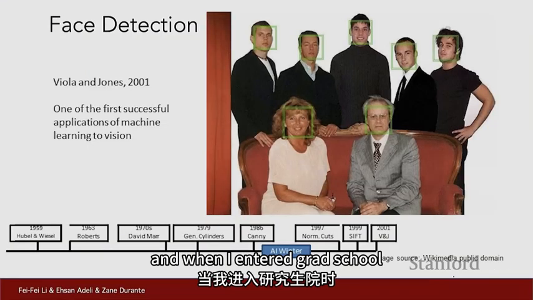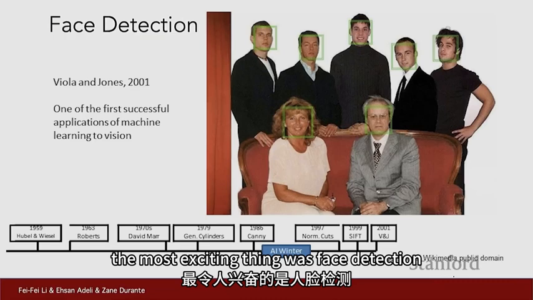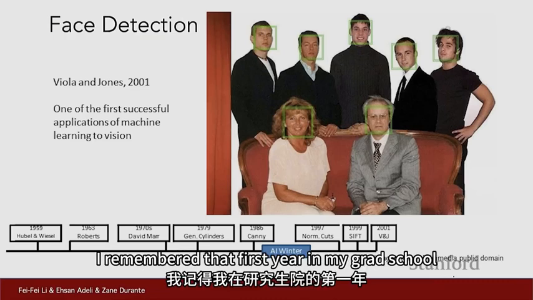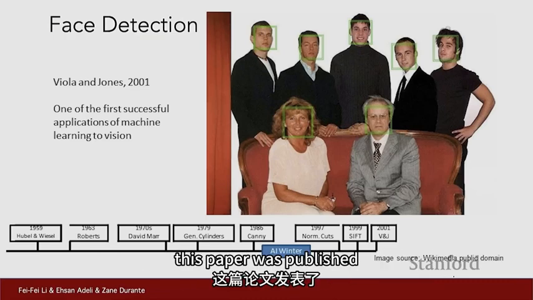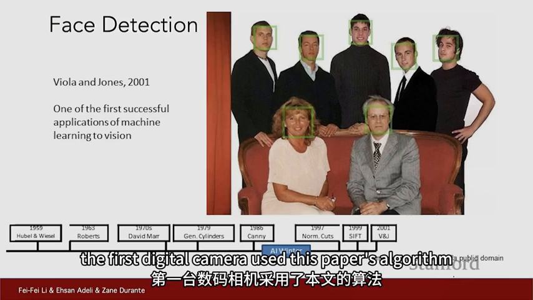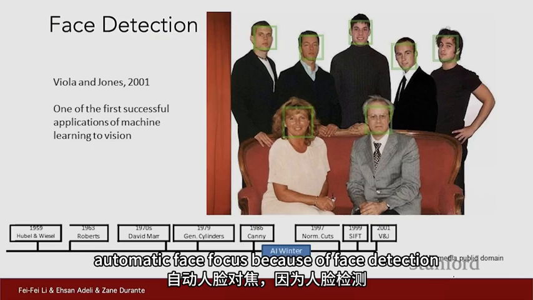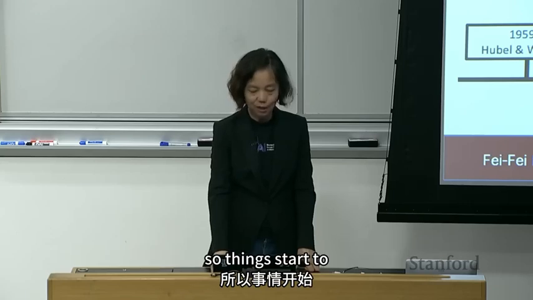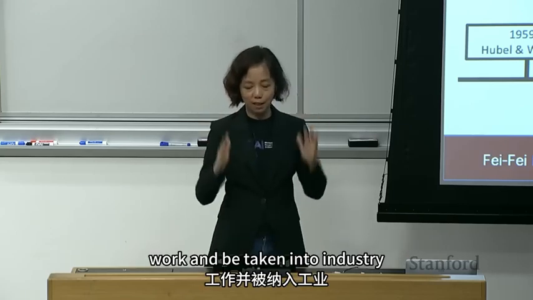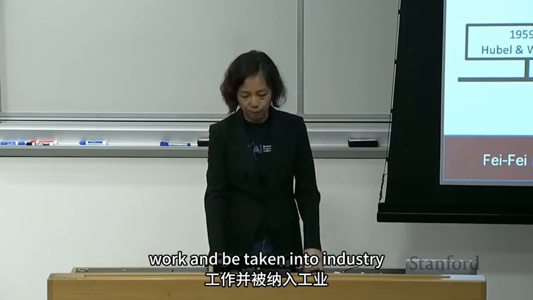When I entered grad school, the most exciting thing was face detection. I remember that first year in grad school, this paper was published, and 5 years later, the first digital camera used this paper's algorithm and delivered automatic face focus because of face detection. So things start to work and be taken into industry.